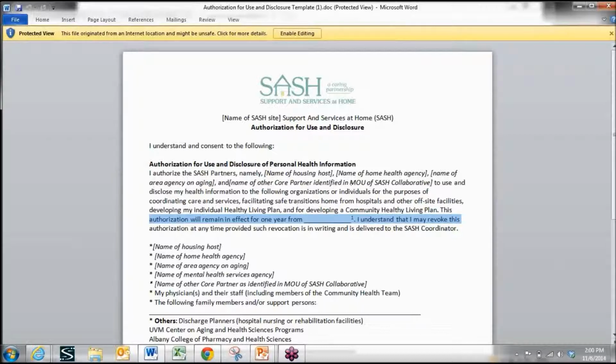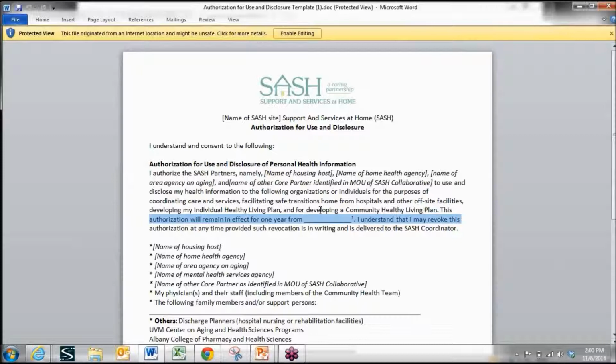And it's for the purposes of coordinating care and services, facilitating safe transitions home, developing healthy living plans, community healthy living plans. So it's not only that you're limiting the sharing of their information to these specific partners, but also that you're only sharing around specific things that you're working on together.